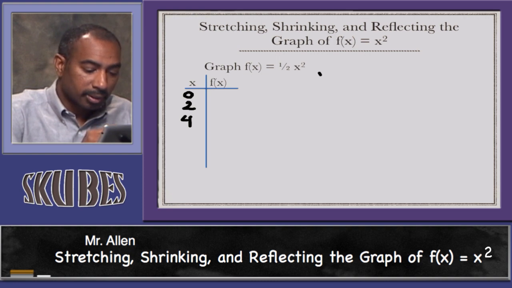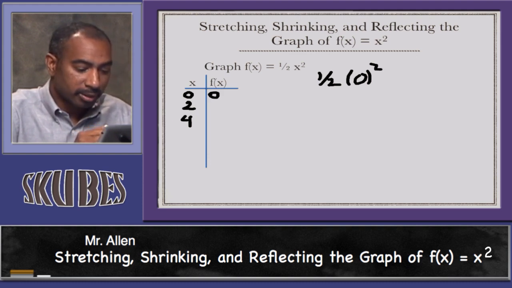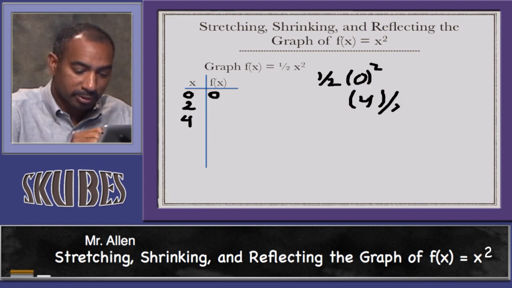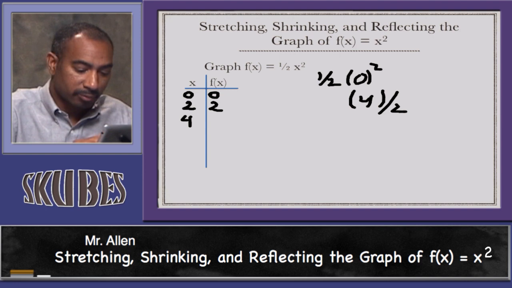All right, so I get 1/2 times 0 squared. It's still going to be 0. If I square 2, I get 4 times 1/2, or divided by 2, that's going to give me 2. If I square 4, I get 16, and divide that by 2, I get 8.